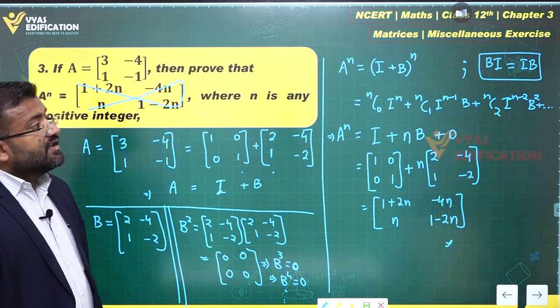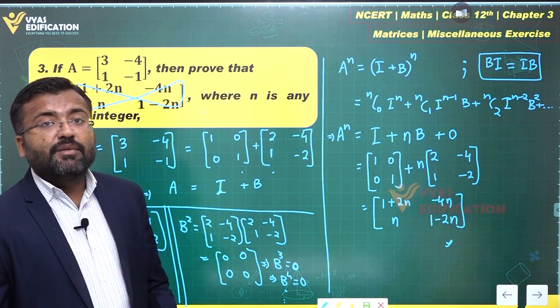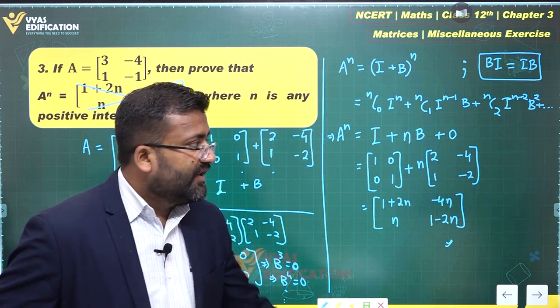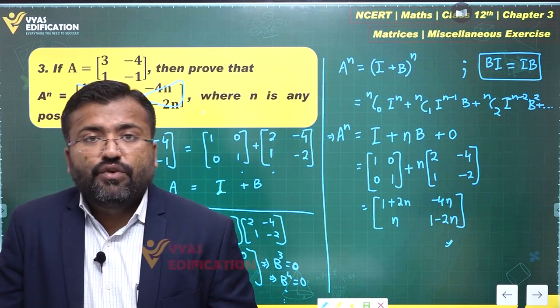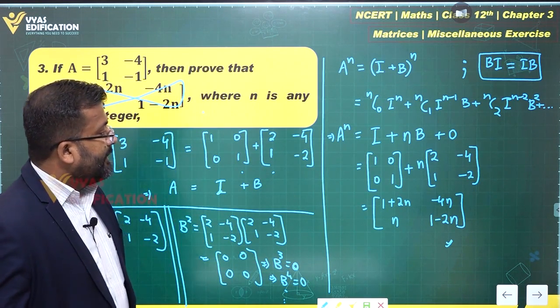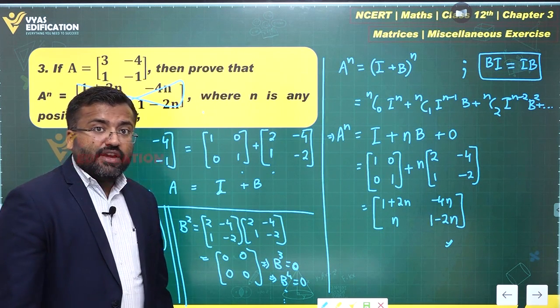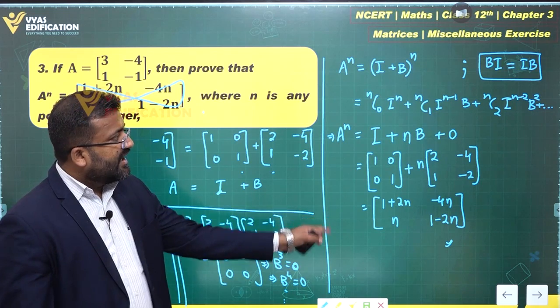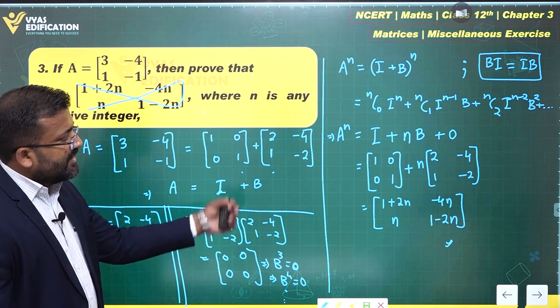So such questions in the JEE can also be attempted using hit and trial. We can substitute different values of n and check which of them are true for A square, A cube, A power 3 and all. That's another way of dealing with such questions. But this is kind of a sure shot approach, and questions have been asked on this.